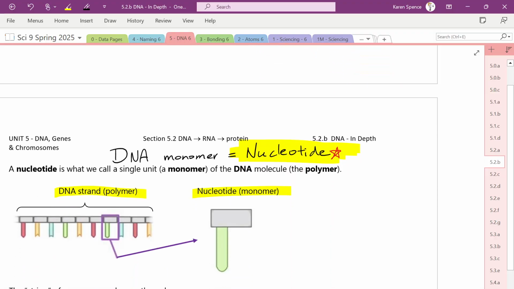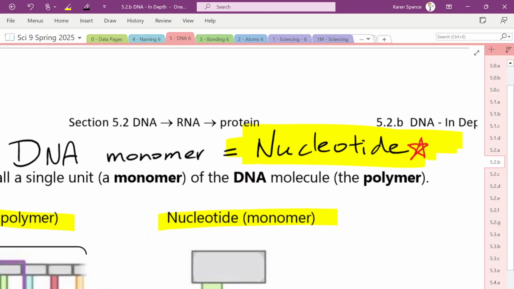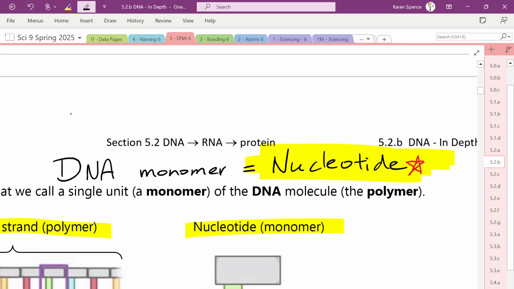All right. Now, the DNA monomer is called a nucleotide, just like the protein monomer was called an amino acid.